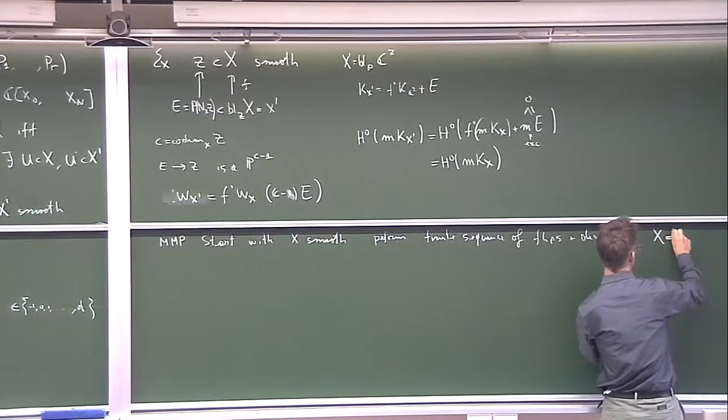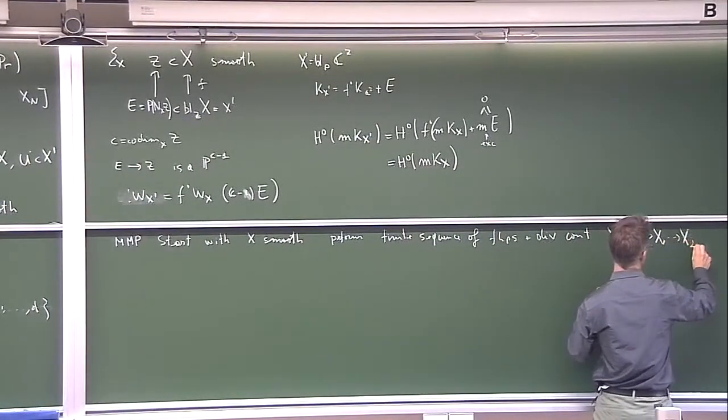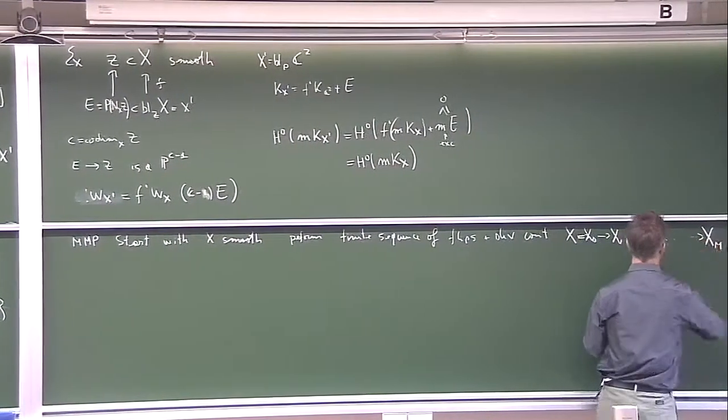So X, maybe I'll denote that by X0, X1, X2, all the way until we get, let's say, XM.